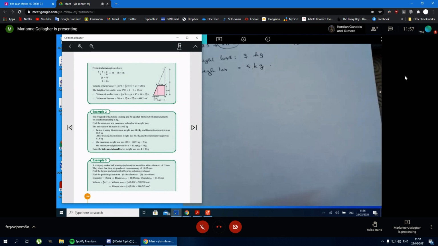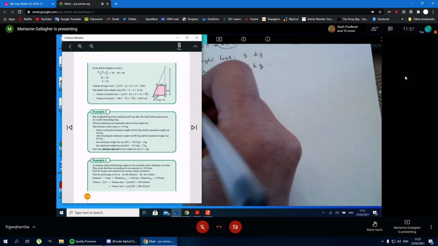And then the next question would be much more of a typical exam question. So a company makes ball bearings with a diameter of 12 millimeters, and they're produced to an accuracy of 0.02. Find the largest and the smallest produced. Find the percentage error on the diameter and the volume.